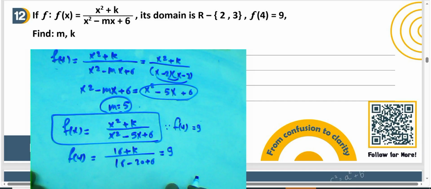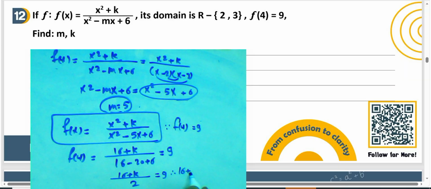We can simplify it here: 16 plus k over 16 minus 20 is negative 4, plus 6 is 2, and the result will be 9.